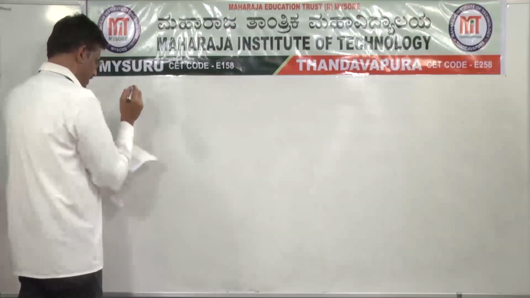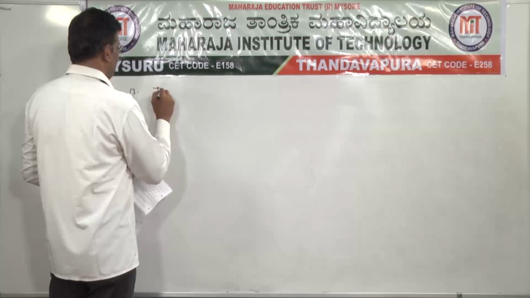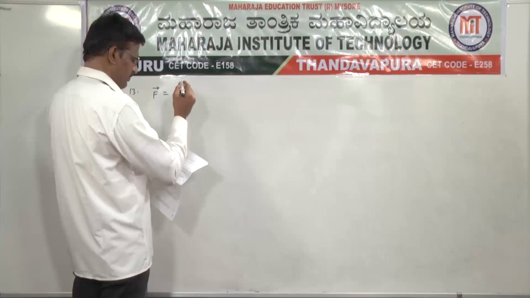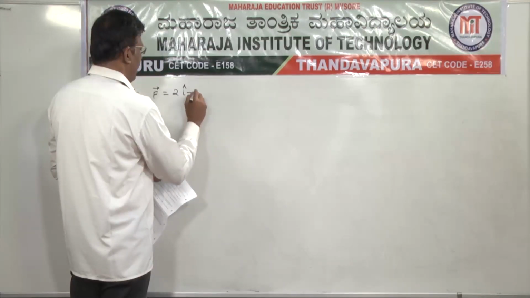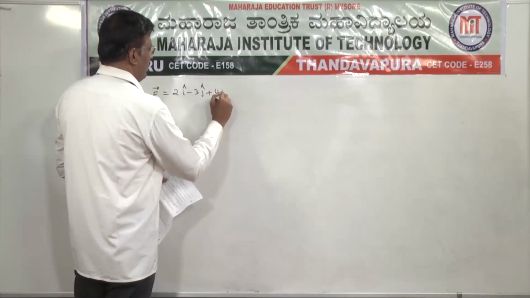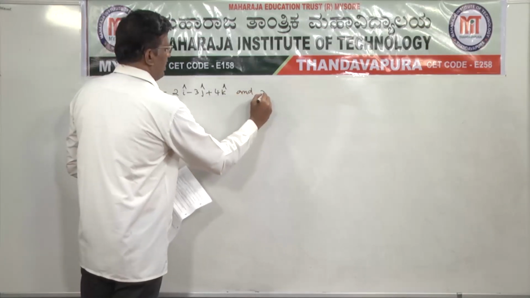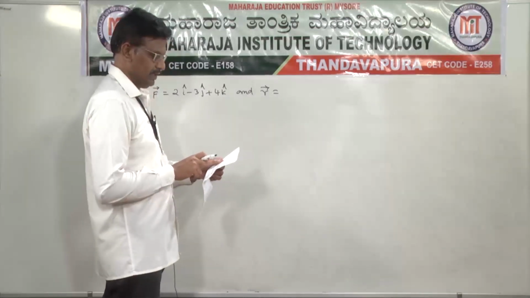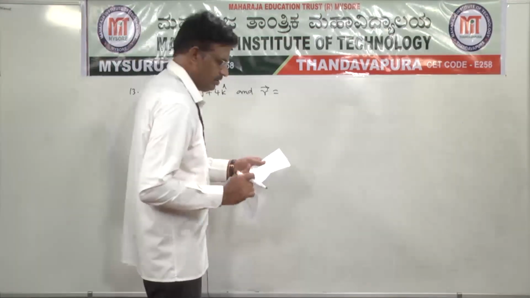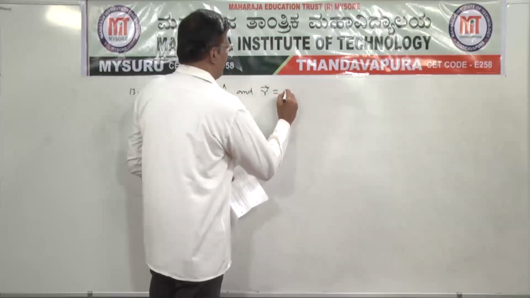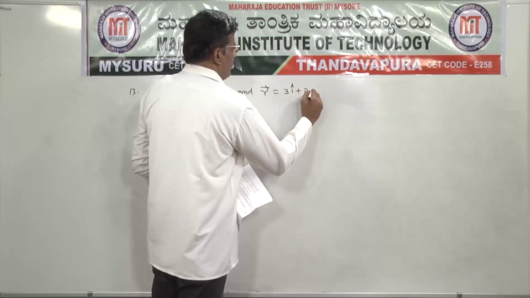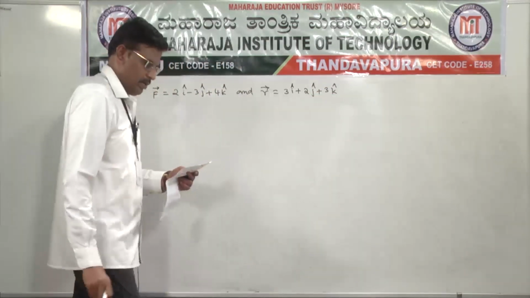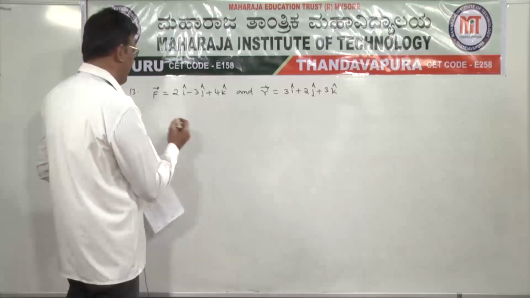So for the 13th question, F bar is given as 2i cap minus 3j cap plus 4k cap, acting on the point r bar equal to 3i cap plus 2j cap plus 3k cap. About the origin, asking to find out the torque.